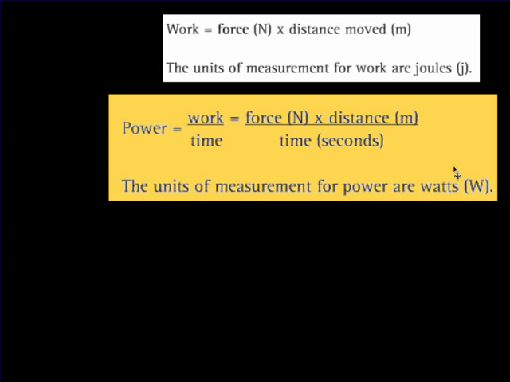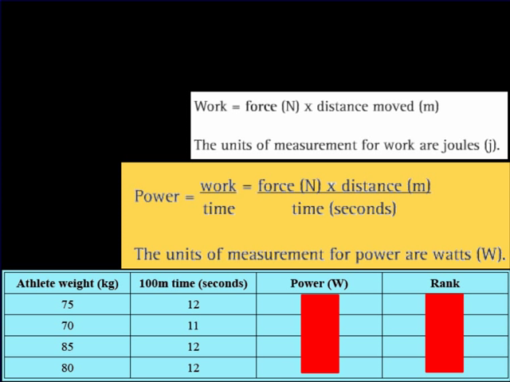And the units for power are watts. Now applying this idea of work and this idea of power, quite simply, force times by distance would be our strength, and as soon as we divide it by the time, we've got a concept of speed.